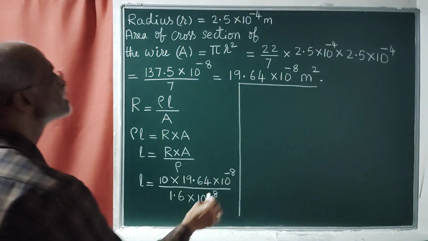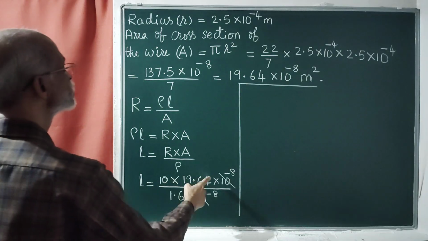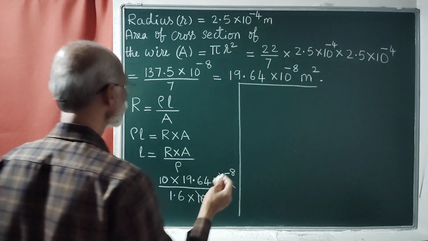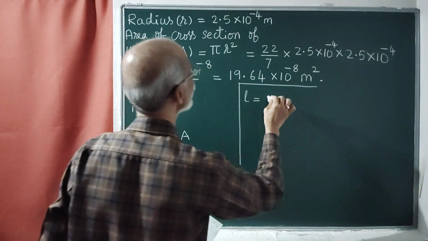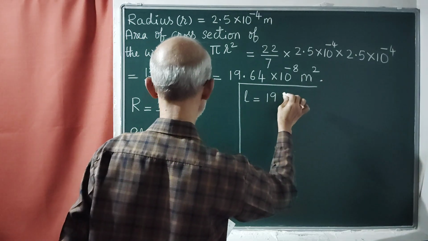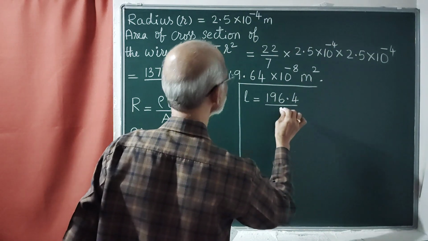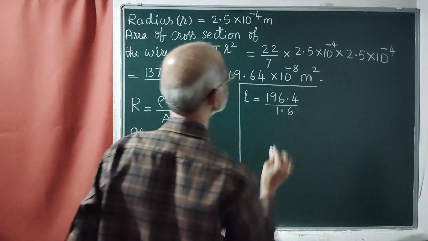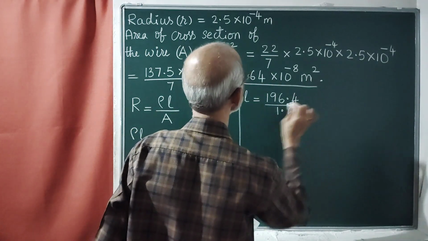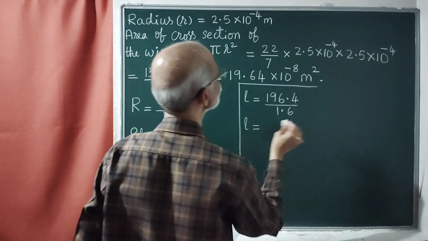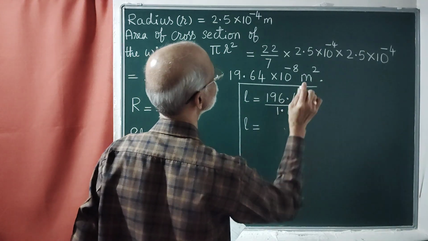So here this will get cut, 10 to the power minus 8 and 10 to the power minus 8 cut. So now if you multiply this, you will get L equal to 196.4 divided by 1.6. So that will be equal to L equal to, so I am going to shift the point one place to the right side, then also it will get shifted.